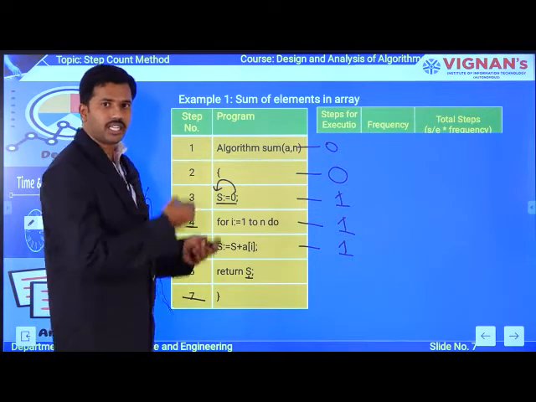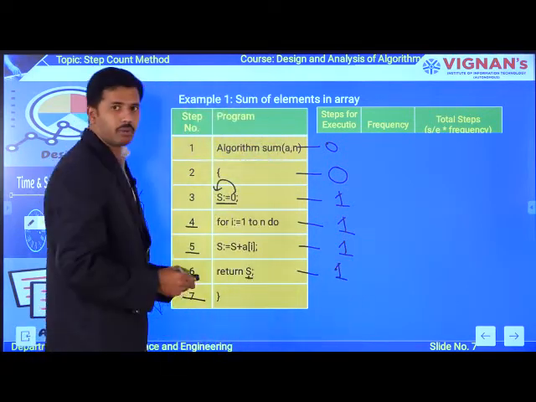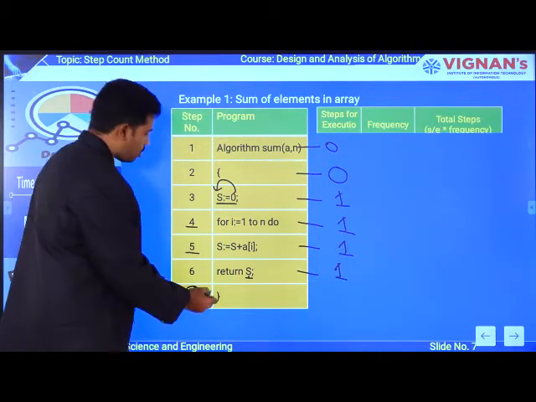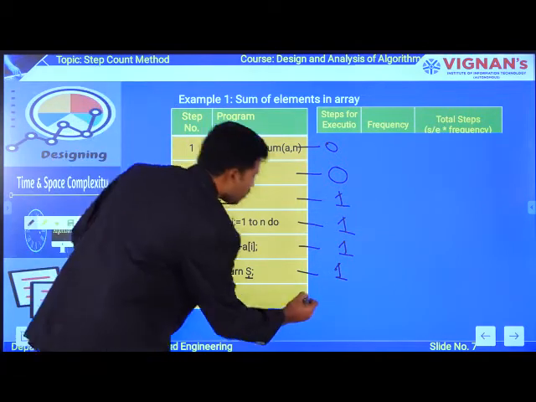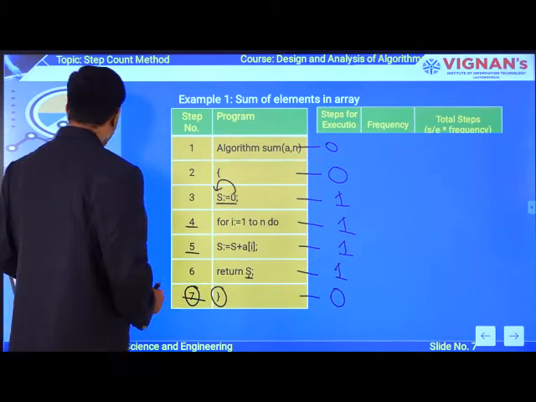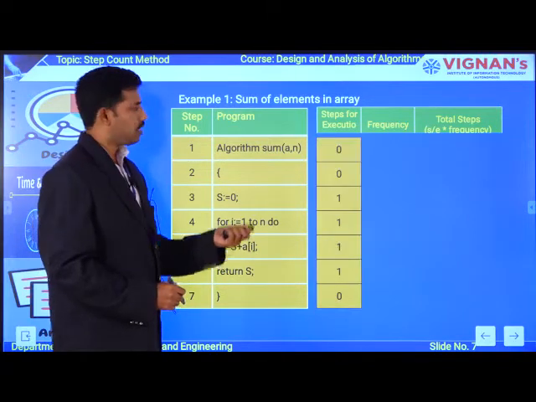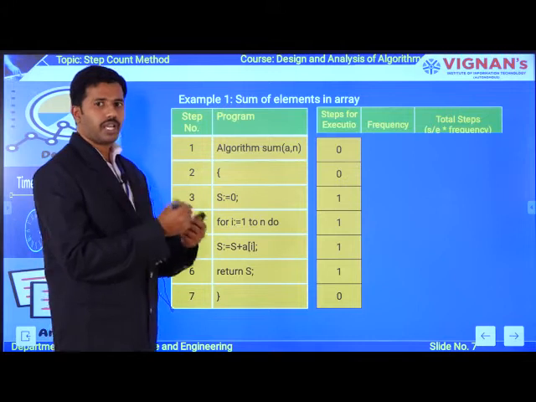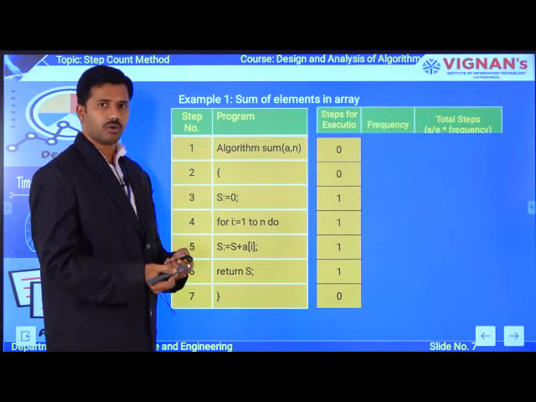If you are returning any result, ultimately it is an executable statement, so the value becomes 1. Now the last step, step number 7, has a brace. These are non-executable statements, so the value becomes 0. Likewise you update the values for the first parameter. First try to apply the rules to get the time complexity of an algorithm on your own.